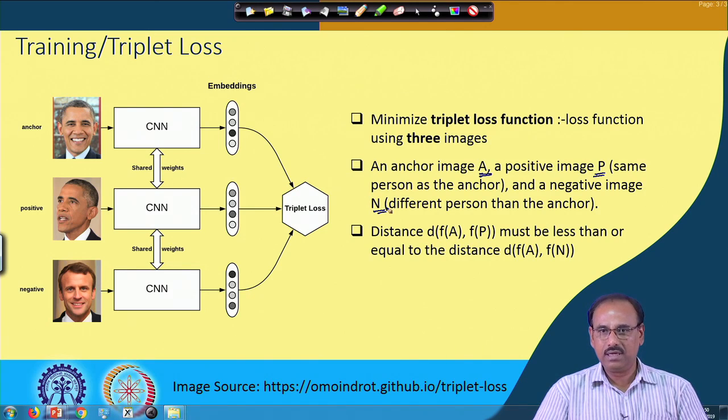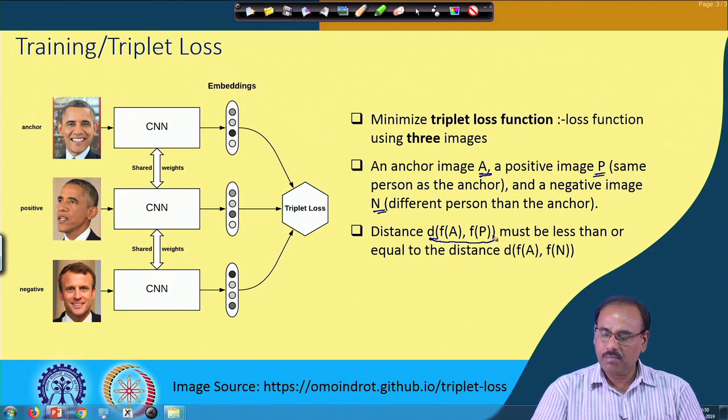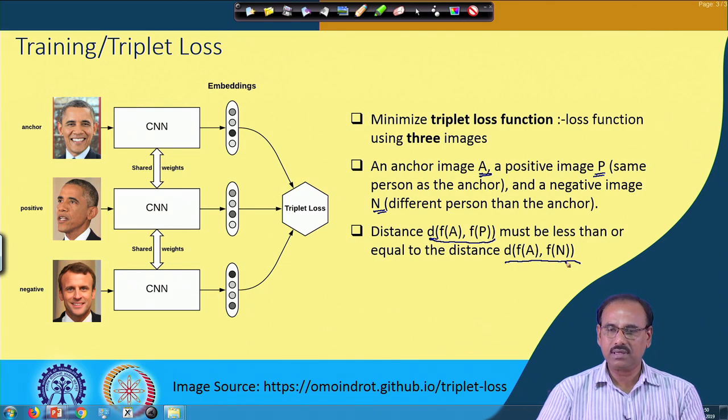So you compute the distance between f(A) and f(P), and the distance between f(A) and f(N), that is the distance between the anchor image and the positive image, and the distance between the anchor image and the negative image.